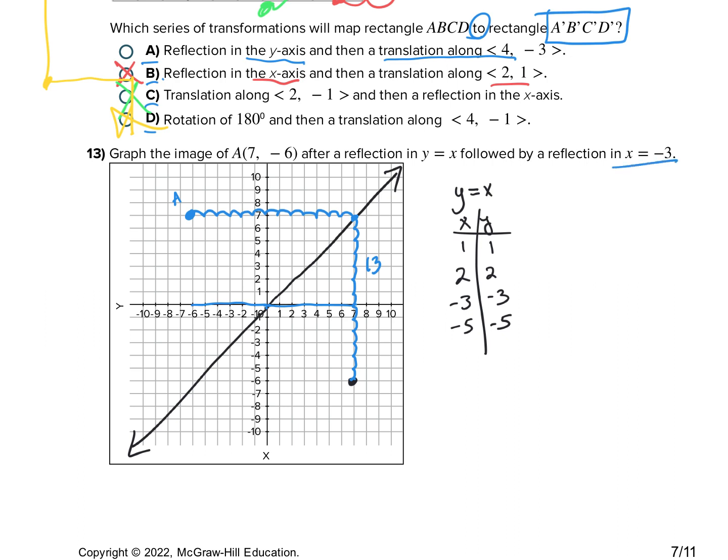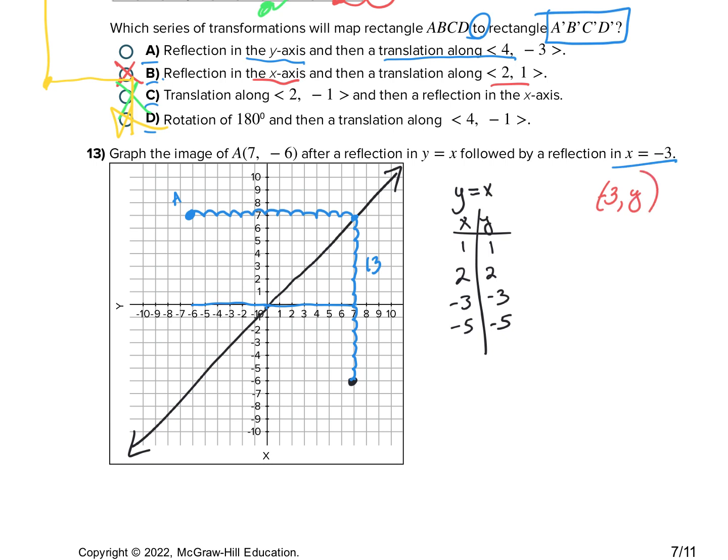Then I'm going to reflect over x equals negative 3. Okay, and again, don't forget that x equals means all values of x on the line will have a value of negative 3, and the y value doesn't matter.